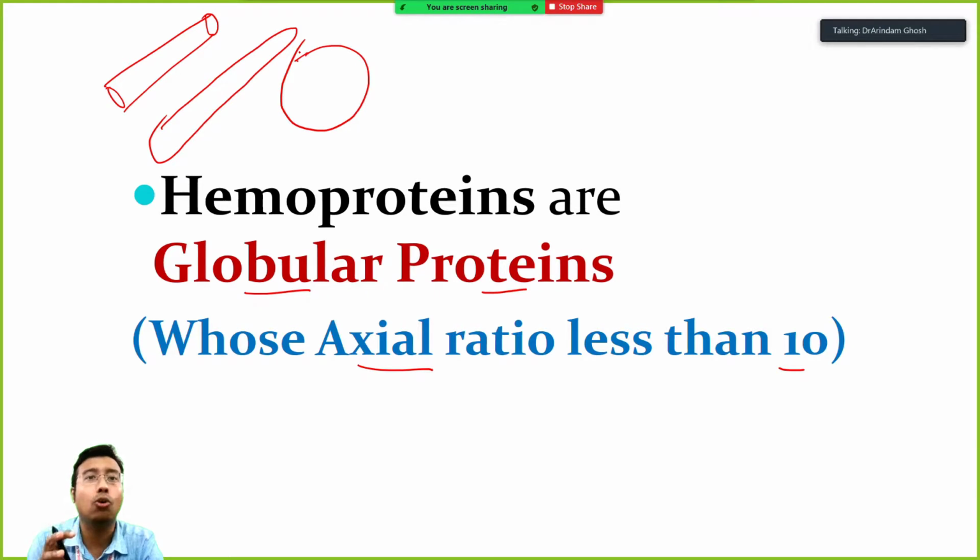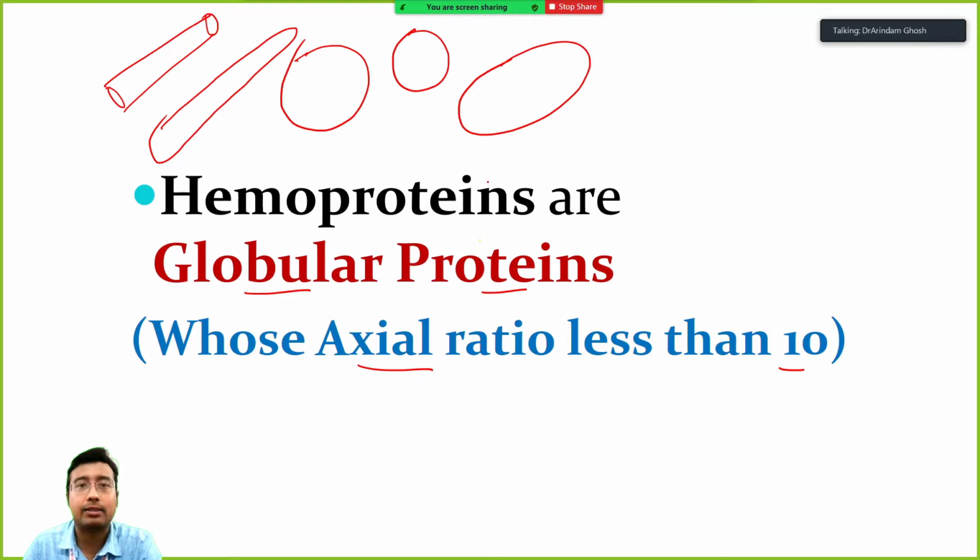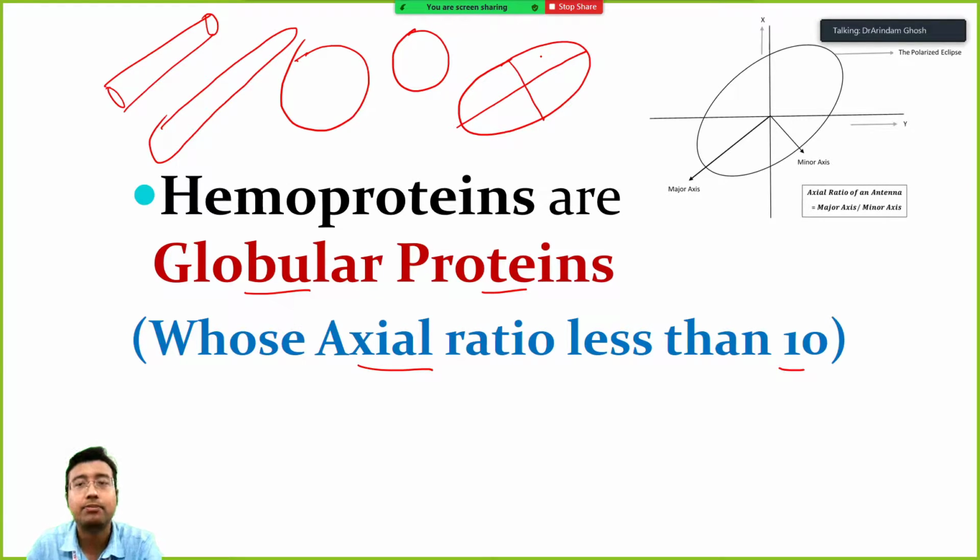Globular means they are not a perfect globe. Even our earth is not a perfect circle, right? So imagine an ellipse. An ellipse has two axes, one is the major axis and one is the minor axis. These are all basic mathematical fundamentals. So axial ratio means the ratio of the major axis divided by the minor axis.